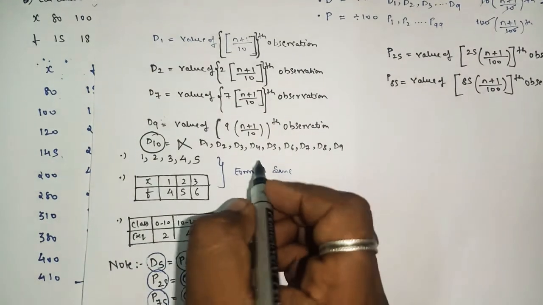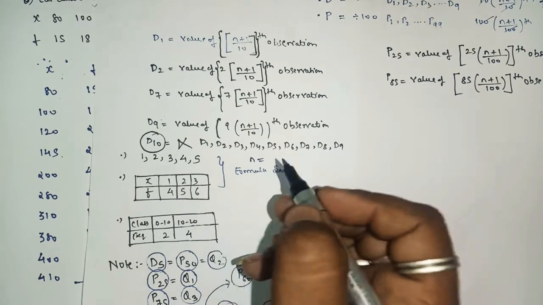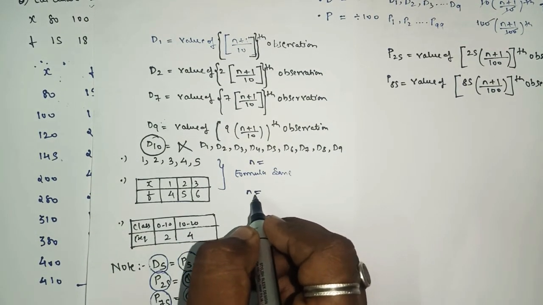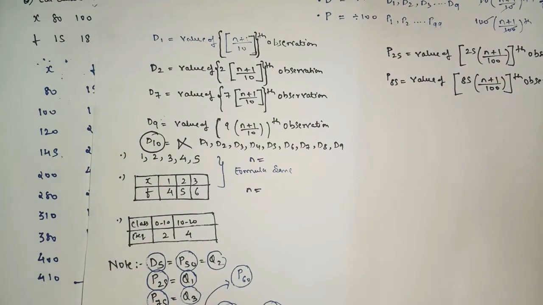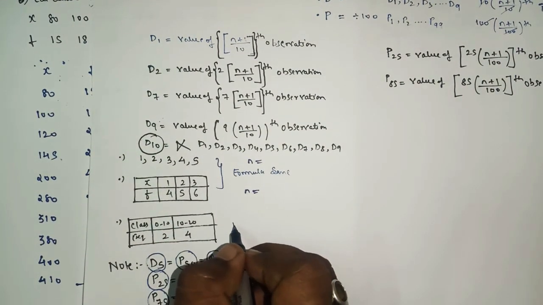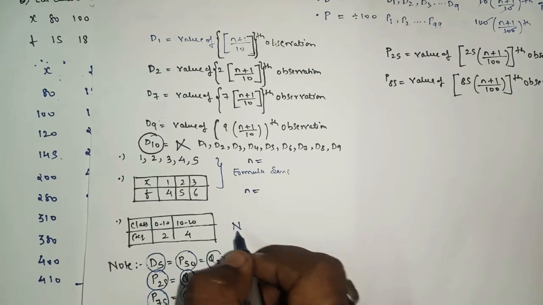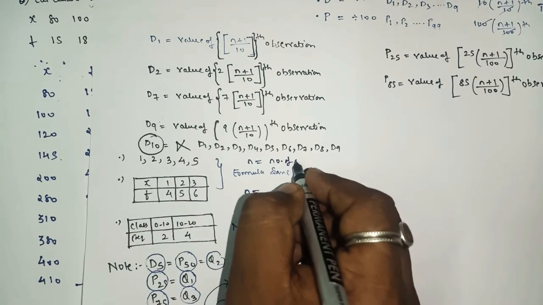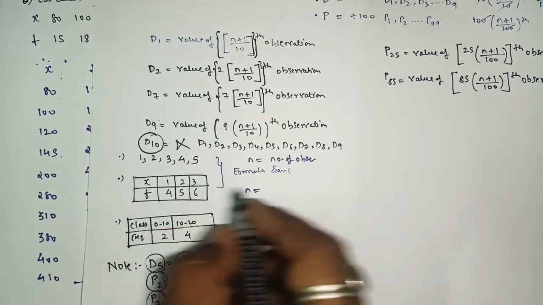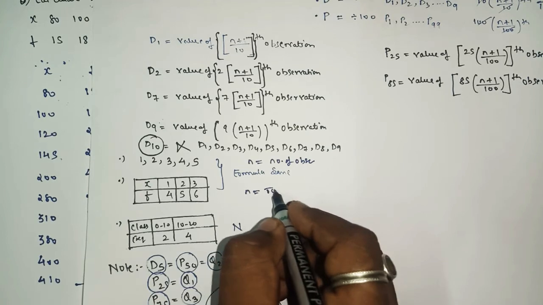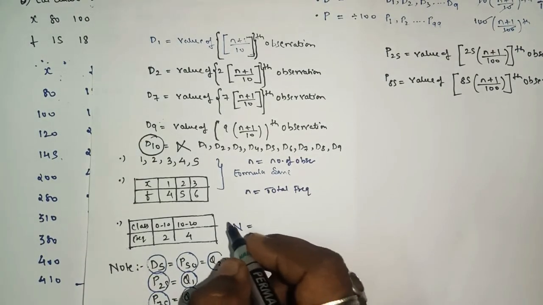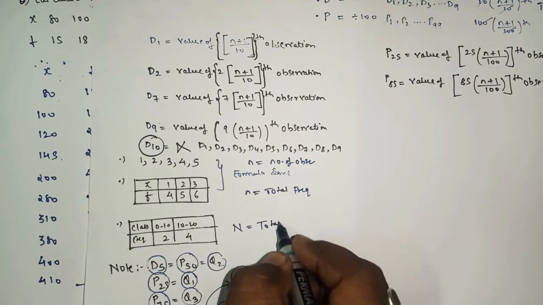As I explained in the first lecture also, we use small n for type number 1, and even here we use the same formula. So here also the symbol for n will be the same, but for type number 3 we use capital N. For type number 1, this n is known as the number of observations. For type number 2, n is known as total frequency, and for type number 3, this capital N is also known as total frequency.